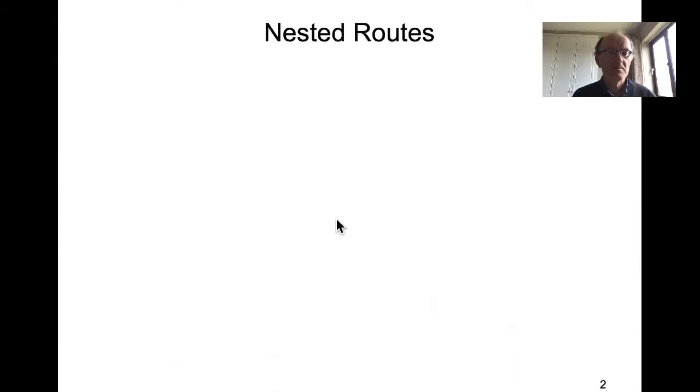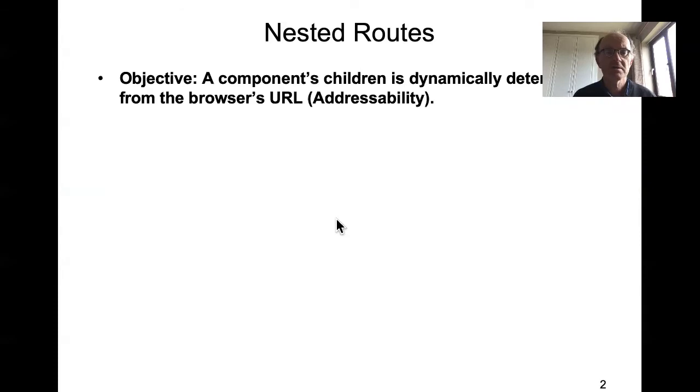So the next thing I want to talk about is this idea of nested routes. So far, we've seen route entries only at the very top level in our component hierarchy, but it turns out you can actually have route entries inside ordinary components.